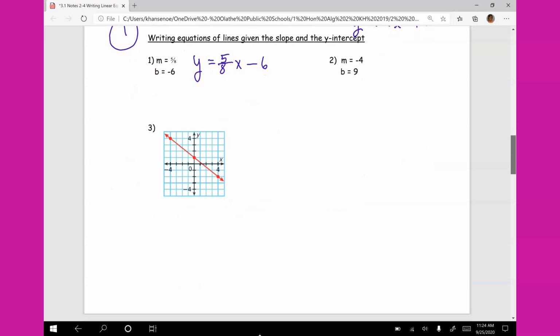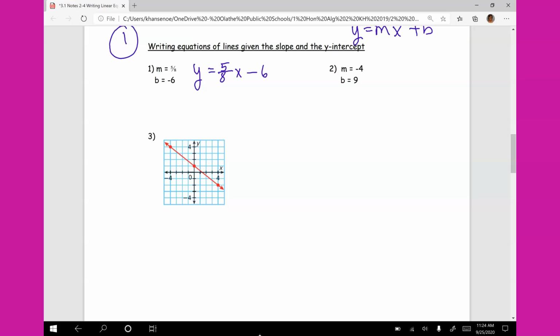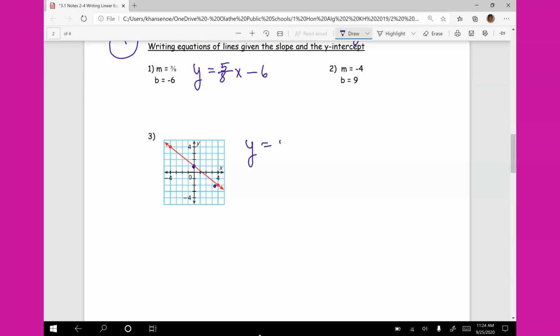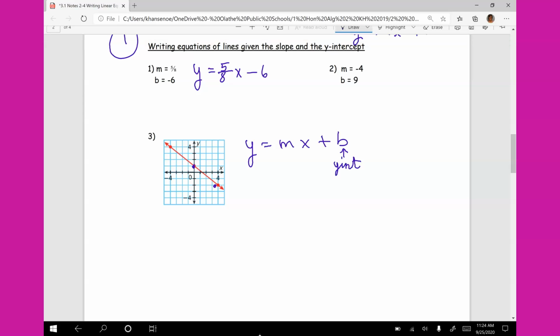I'm not going to do number 2. Let's look at number 3. So number 3, I'm just given 2 points, or actually I have 3. So I'm going to pick 2 that you can use. So you can pick these 2. Or I can say y equals mx plus b. B is the y-intercept, where it's crossing the y-axis. Where is it crossing the y-axis?